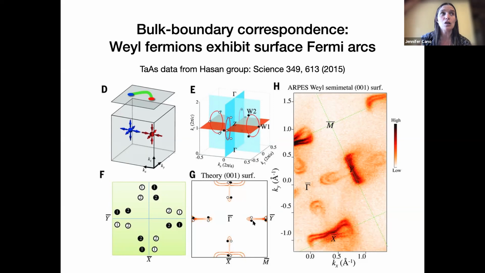So I think you still have enough information to maybe use this for some application, but also it may be that every time you cleave a sample the same way, you will more or less get the same Fermi arc.